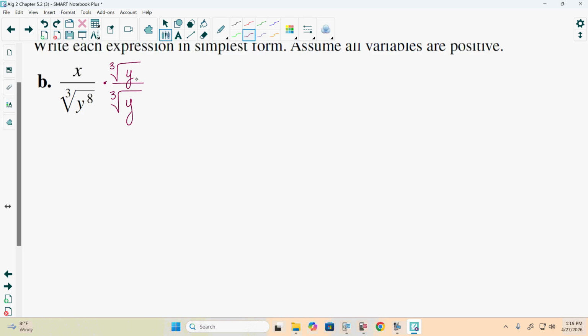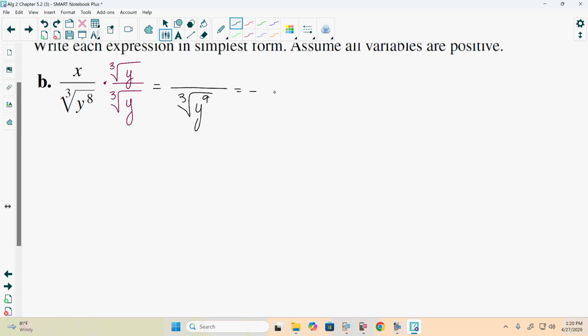Because anytime we multiply by a variable that has an exponent bigger than the index, the root that we're taking, we're adding extra factors. So if we do this on bottom, the cubed root of y to the 8th times the cubed root of y, 8 plus 1 is 9. So that will give us the cubed root of y to the 9th.